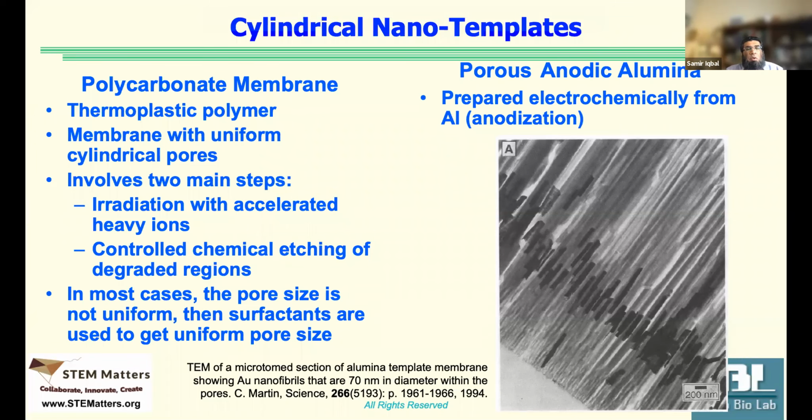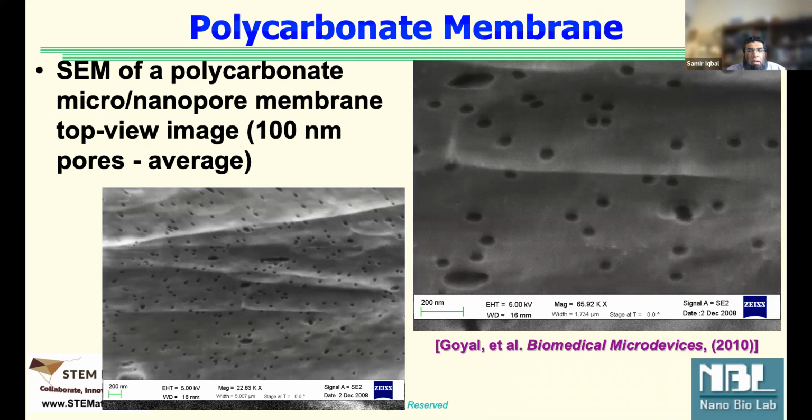There's an example showing the alumina has been just chopped off at some places, and they're showing the uniform length of those channels. The other type, the polycarbonate membrane, you can buy commercially. In this case, it's not the anodization process.